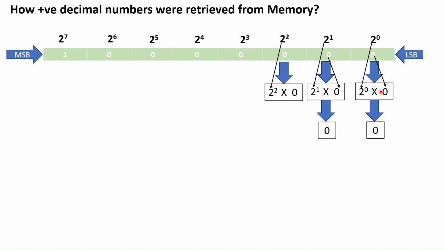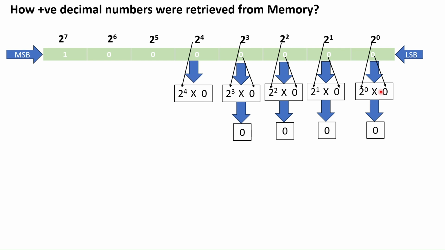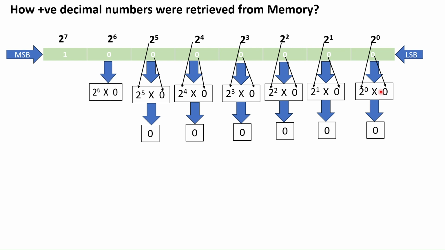Again like this, 2 square into 0. So 2 square and the value stored in this cell is 0, so it is 0. Like this, it will convert each cell value, it will calculate like this. Okay, so here you can see 2 power of 7, the cell value is bit 1.